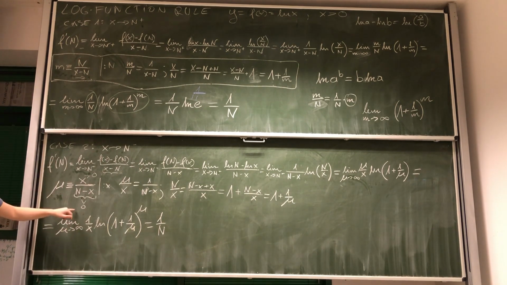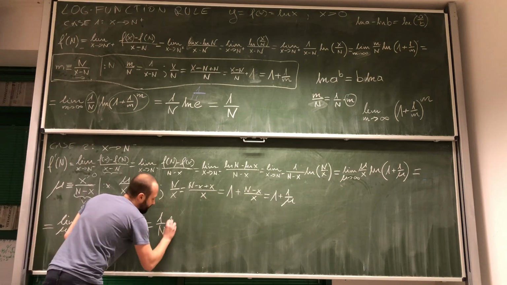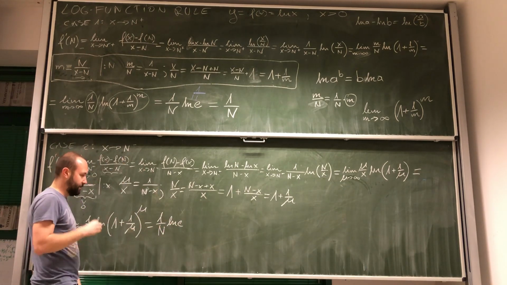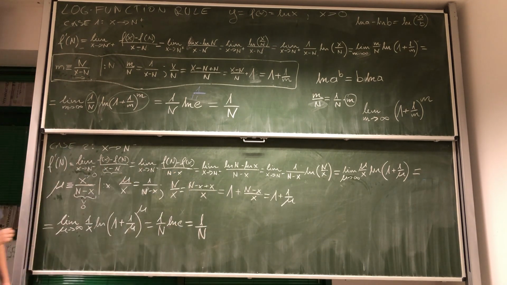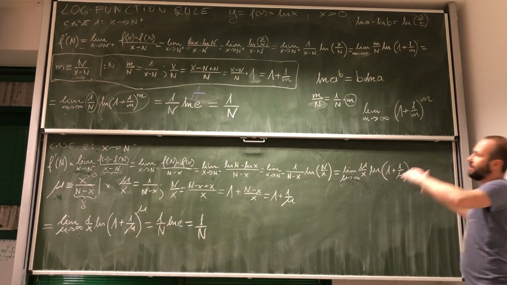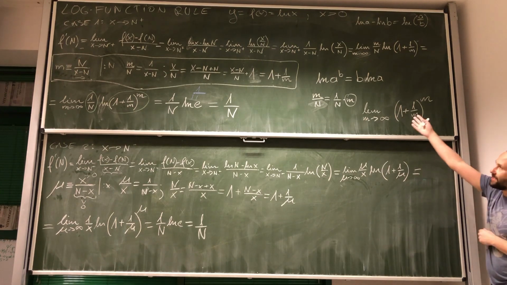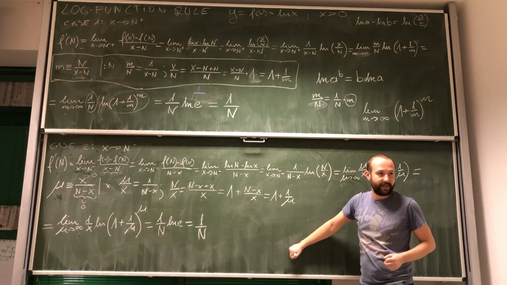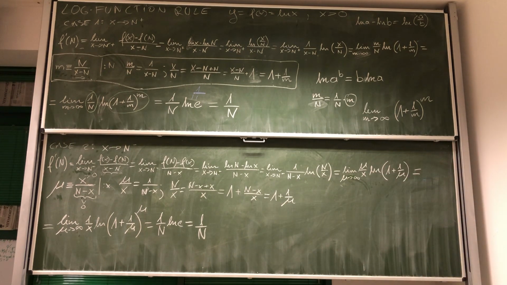Now, as m approaches infinity, this expression turns into e. ln e is 1, so we've got 1 over n. So look, the limit evaluated from the left-hand side and the limit evaluated from the right-hand side are giving us exactly the same expression, a finite number, right?